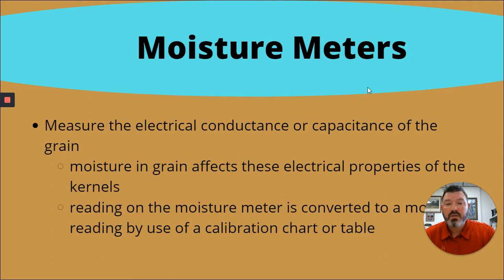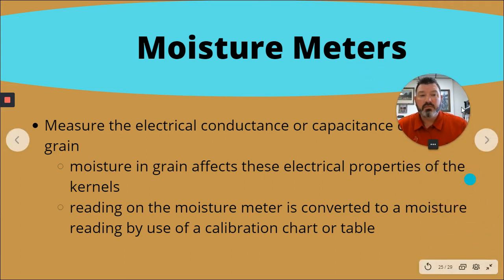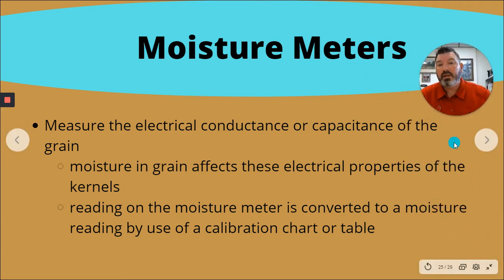So many elevator systems have in-bin and inline moisture meters, and all they're doing is a basic, quick conductivity test, because moisture affects the electrical properties of the kernel, and the meter will quickly convert it mathematically to a moisture content.